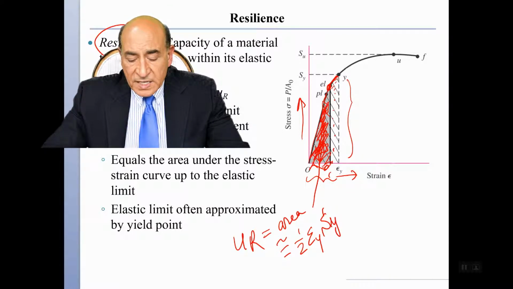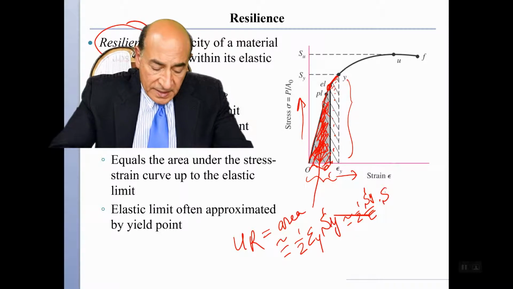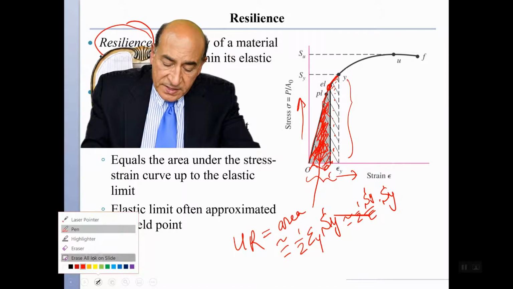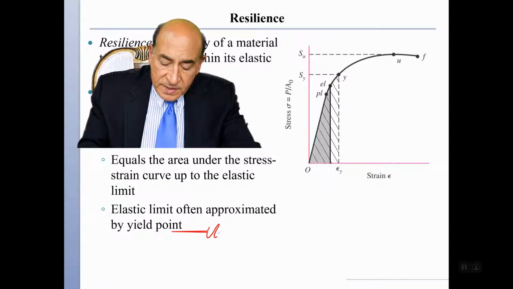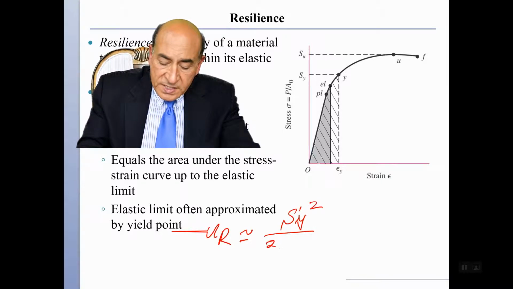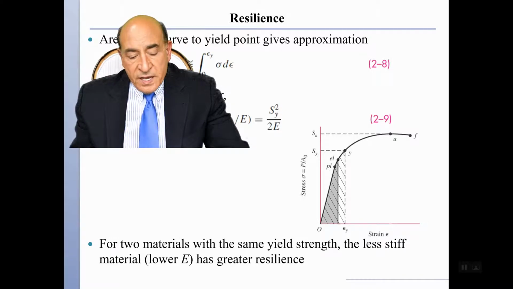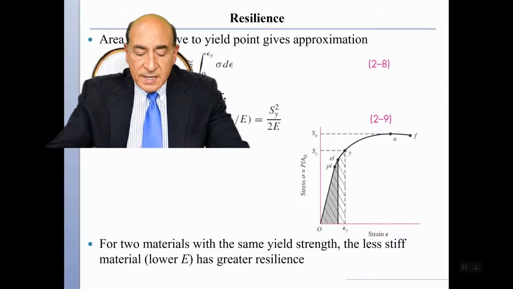So this will be approximately equal to 1/2 S yield over E times S yield, and therefore I can now write U sub R is approximately equal to S yield squared divided by 2E. So this is a formula that I can use to determine the modulus of resilience of the material.